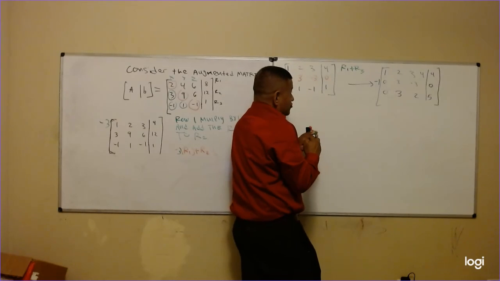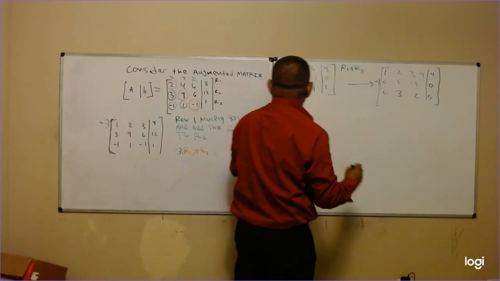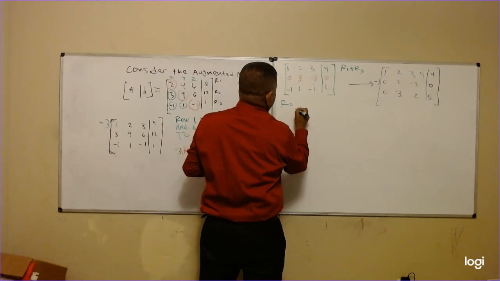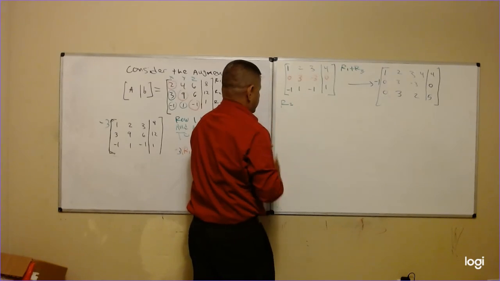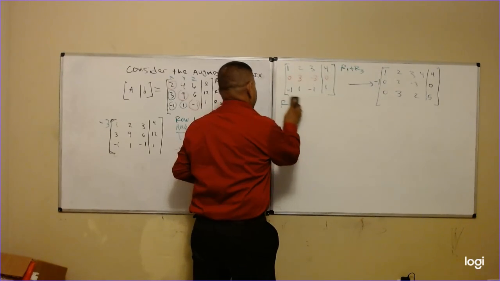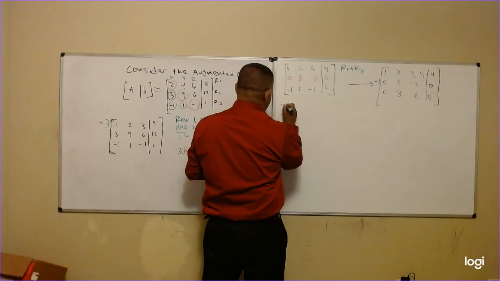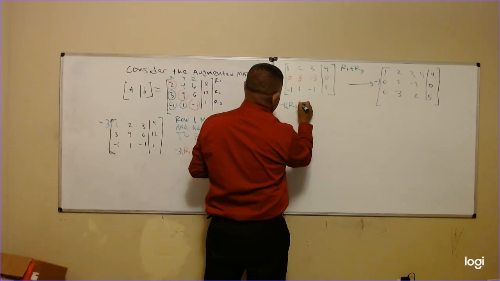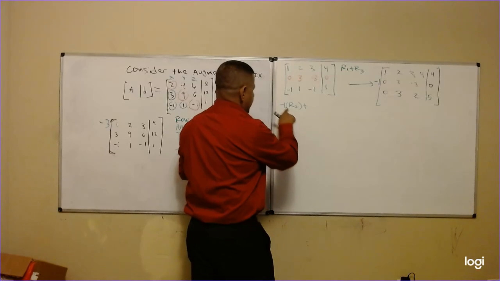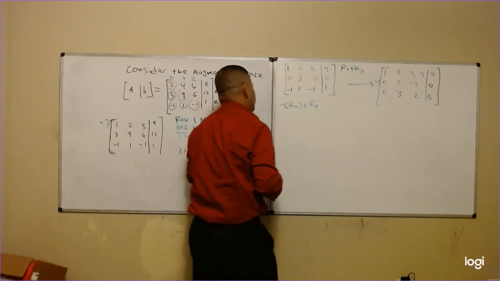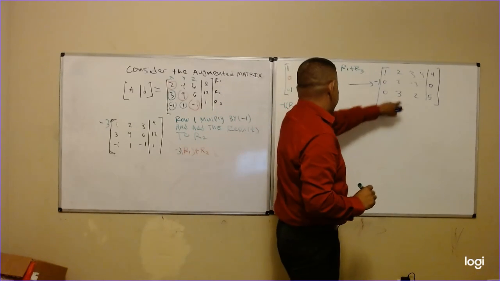If I multiply row 2, okay, let me just do it. So, multiply row 2 by negative 1 and add the result to row 3, because I want to get rid of this, right?